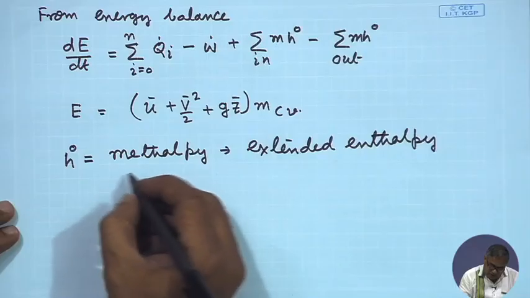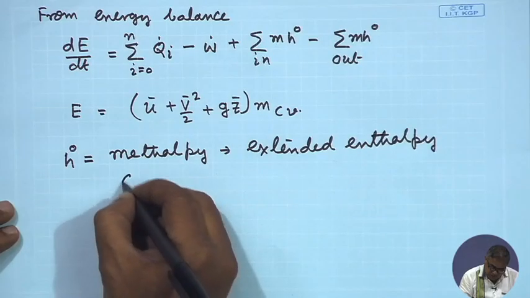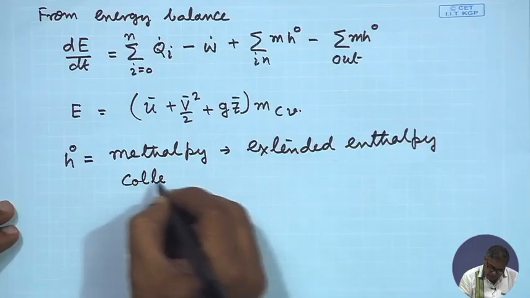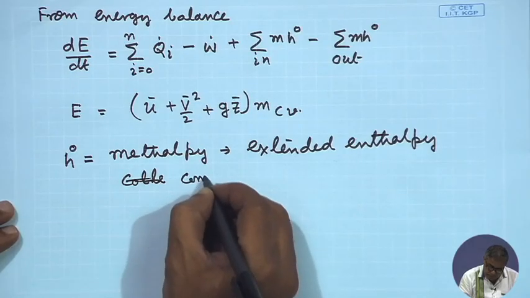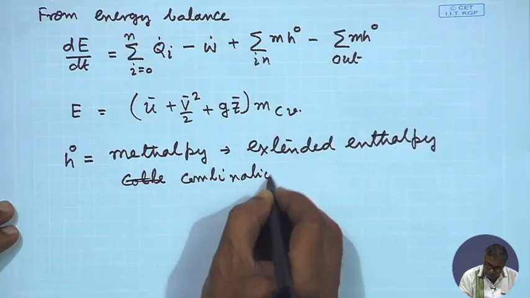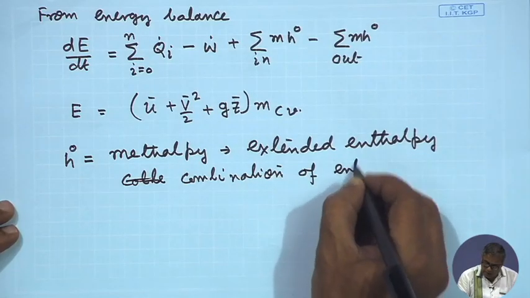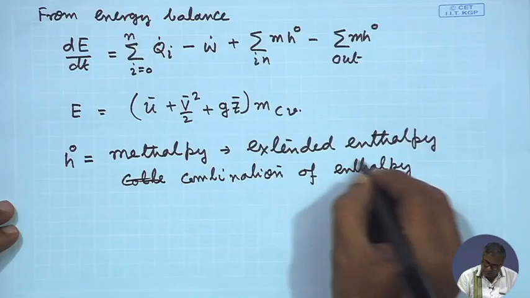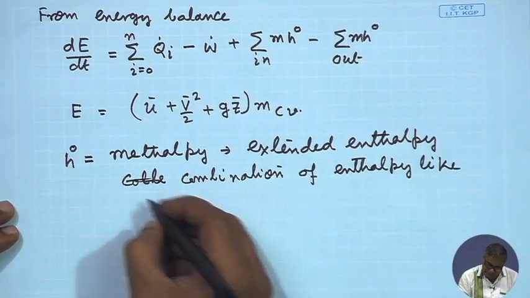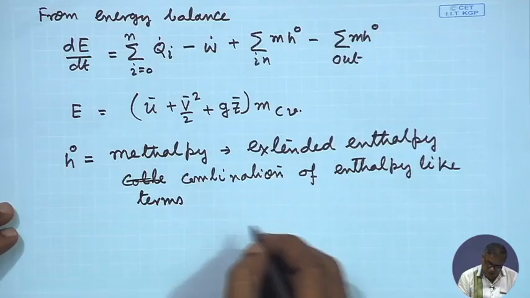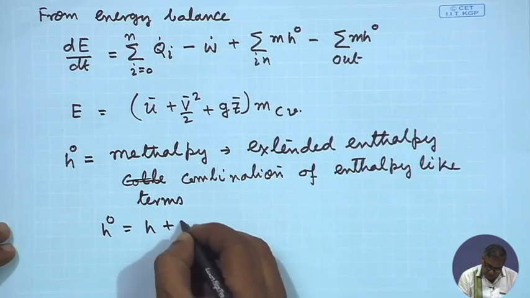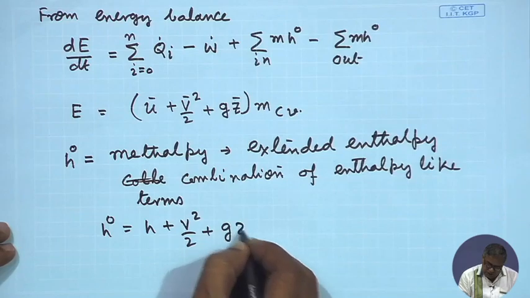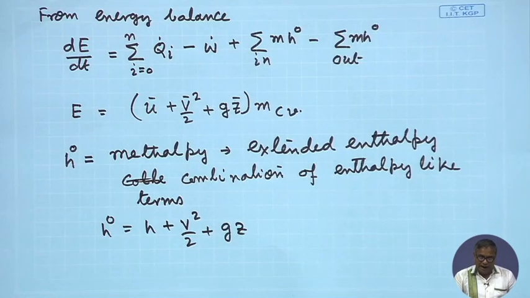It is basically a collection of enthalpy-like terms. What are they? h plus v square by 2 plus g z. So, this has no other significance; we only like to keep our equation a little bit simple, which is why we have introduced it.